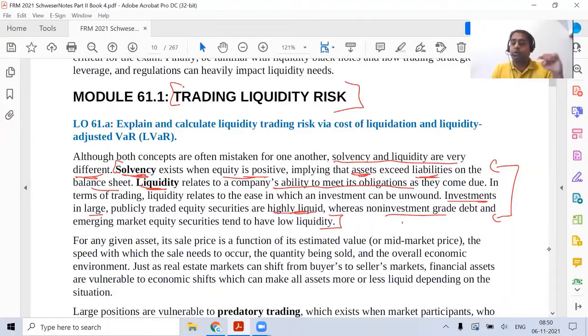Since we are talking about trading liquidity risk, that is where this example is getting connected. When you have a non-investment grade asset, people might not be that interested in buying and selling, which means the liquidity on that asset will be slightly low. Read the first paragraph, and if you're good till here, let us go to the next section.